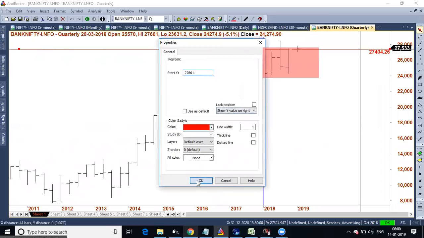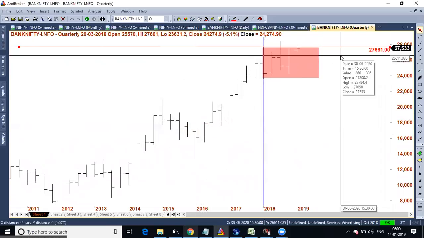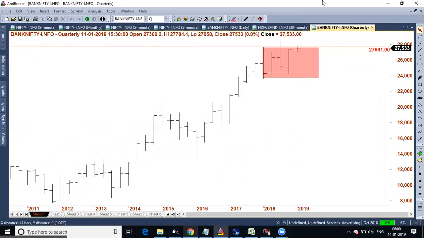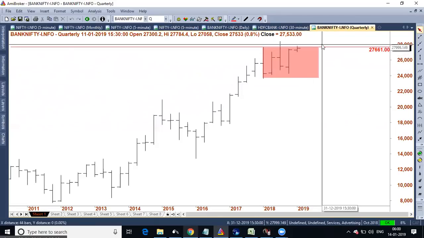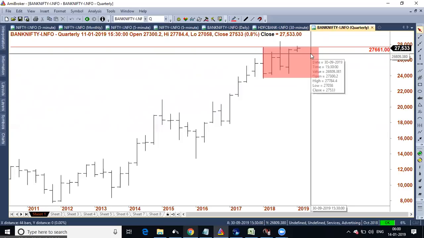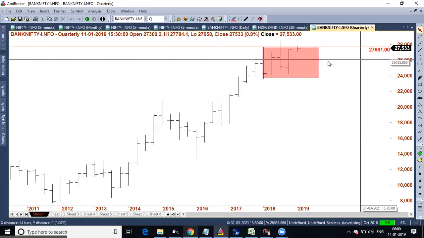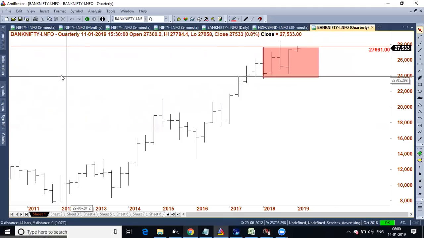That's a reference level. We can get it from here. And currently the price is trading a little bit lower than that level. It's just trading 130 points lower than this level. So this is one of the reference levels to watch out for.